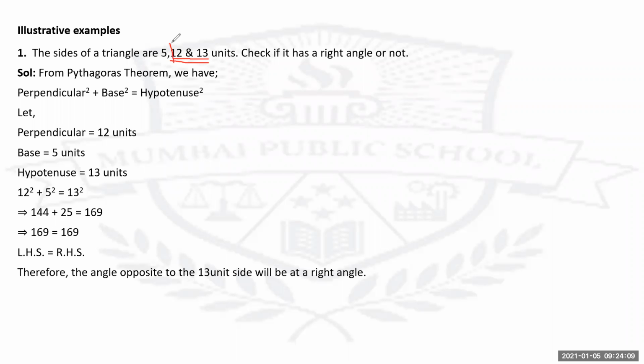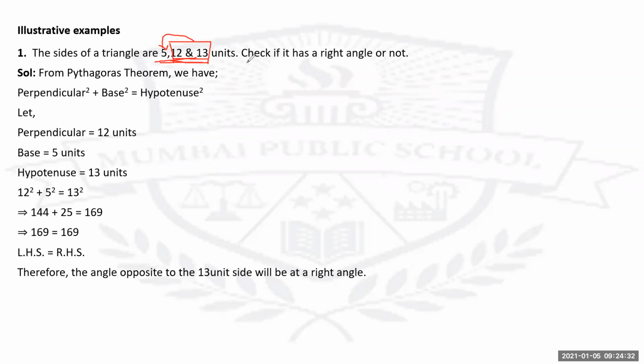So 12, 13, and 5. Understand this? They form the Pythagorean triplet. So if you have these numbers 5, 12, and 13, the triangle is going to be the right angle triangle.